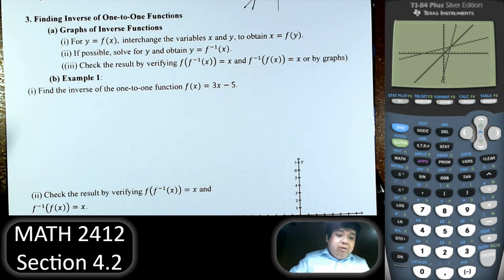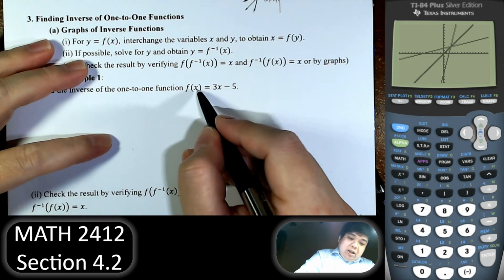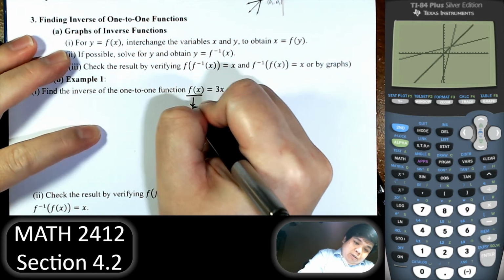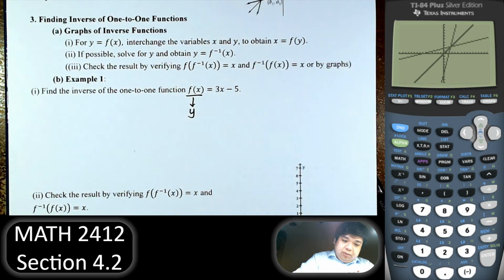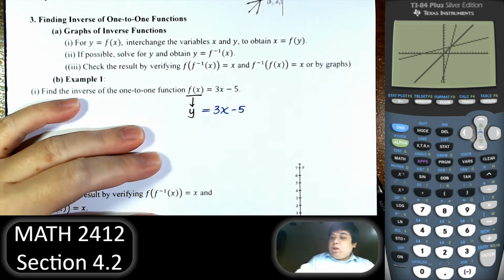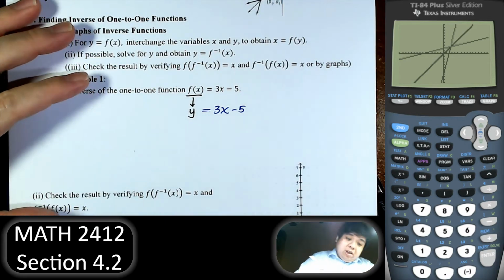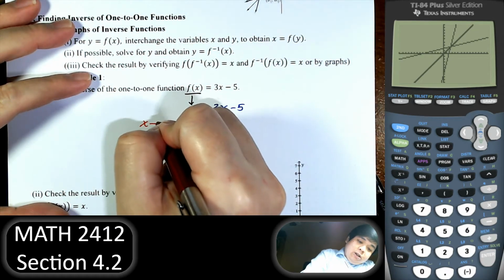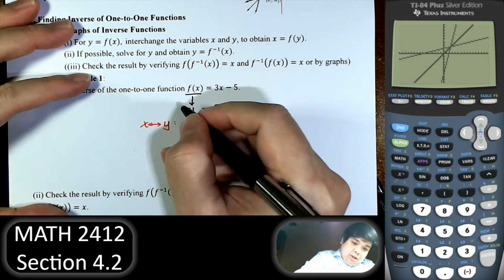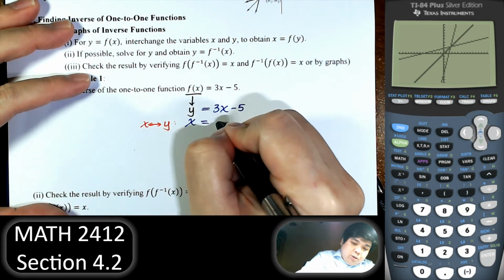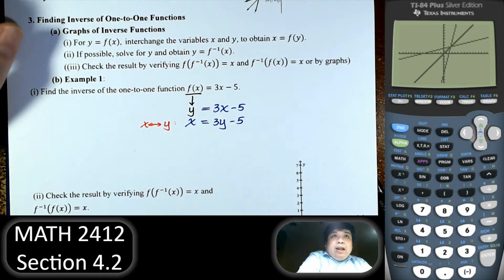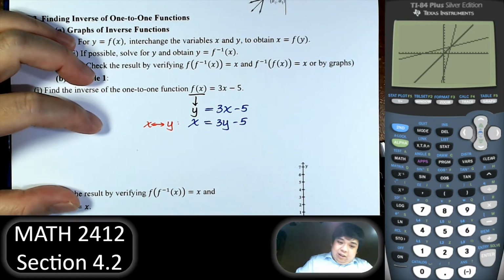Right, to find the inverse, first we'll replace f of x by y. And the two most important steps in finding the inverse is to interchange x and y. So we have x equal to 3y minus 5. And now we solve for y.